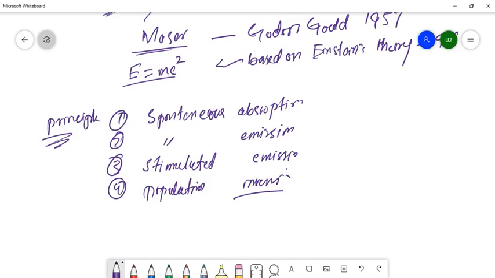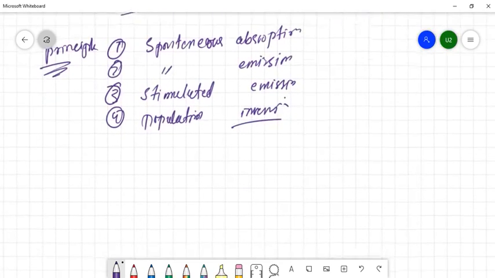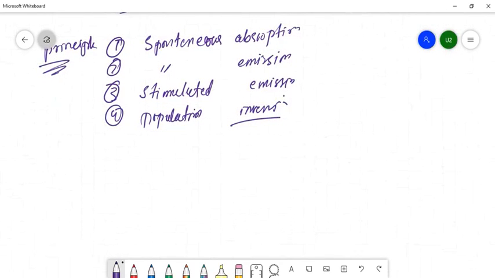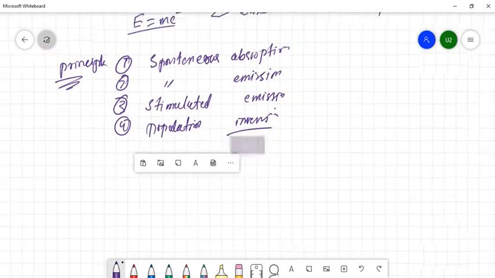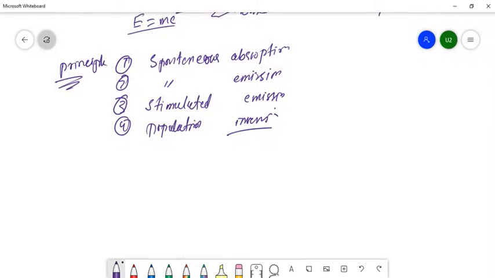We are not going into detail of these topics because each one of them has its own universe, and that is more physics-oriented knowledge, and we don't need to go into detail of these topics. So these are the working principles on which laser basically works.